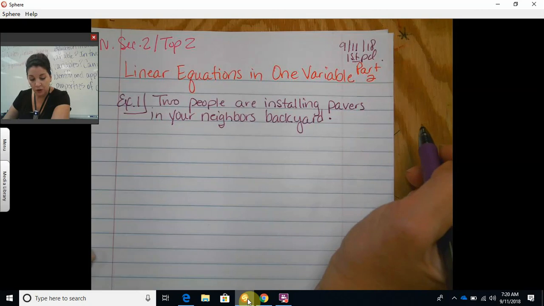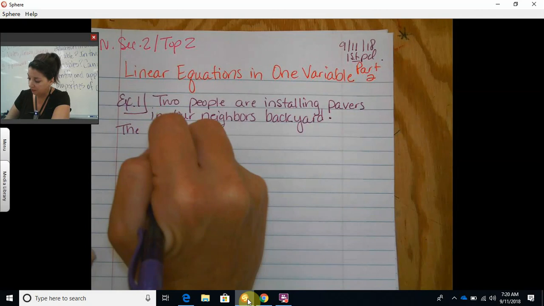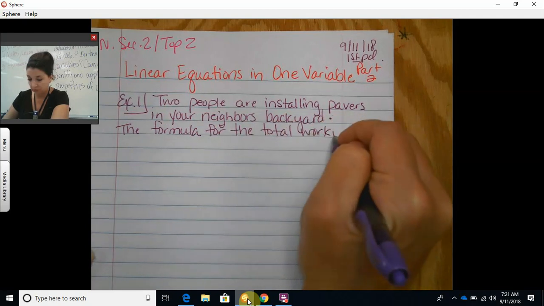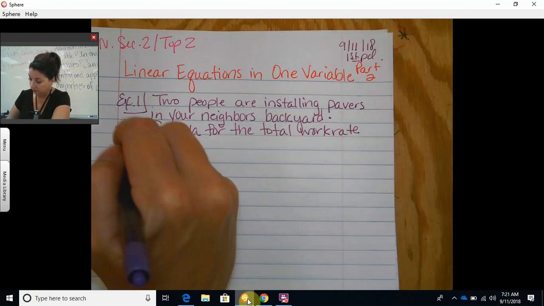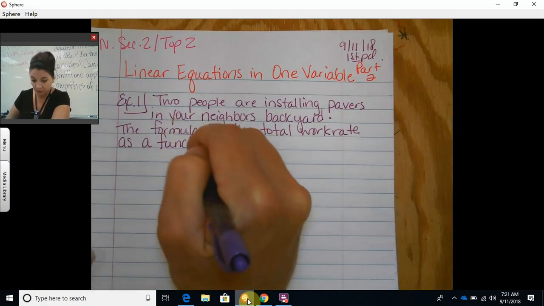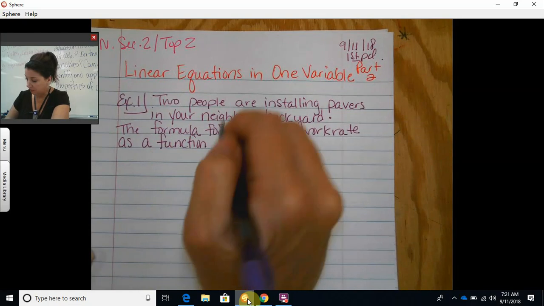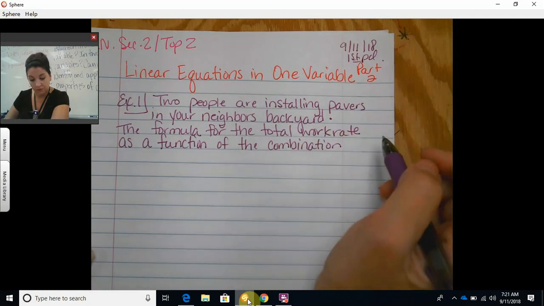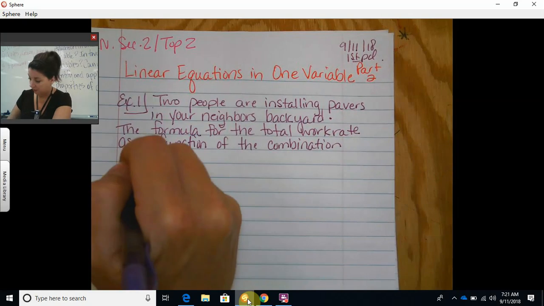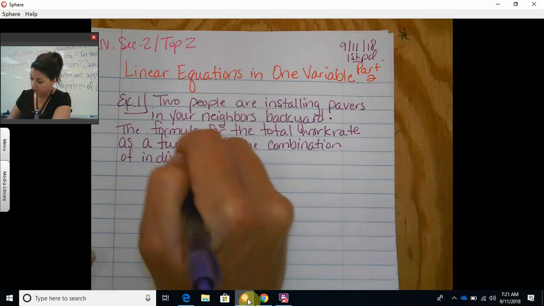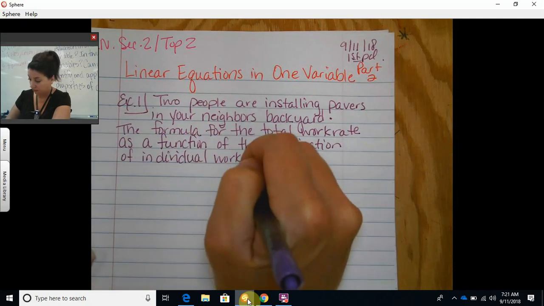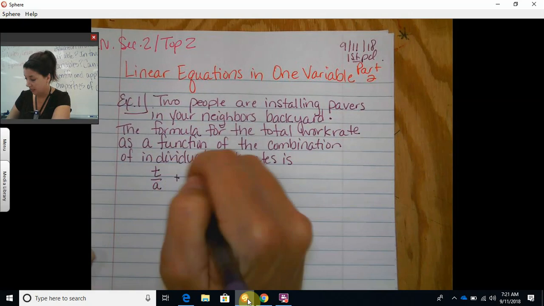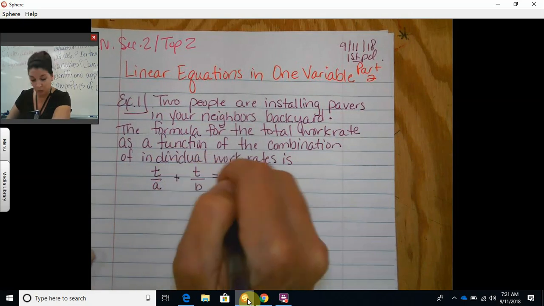The formula for the total work rate, as a function of the combination of individual work rates is T divided by A plus T divided by B equals 1.